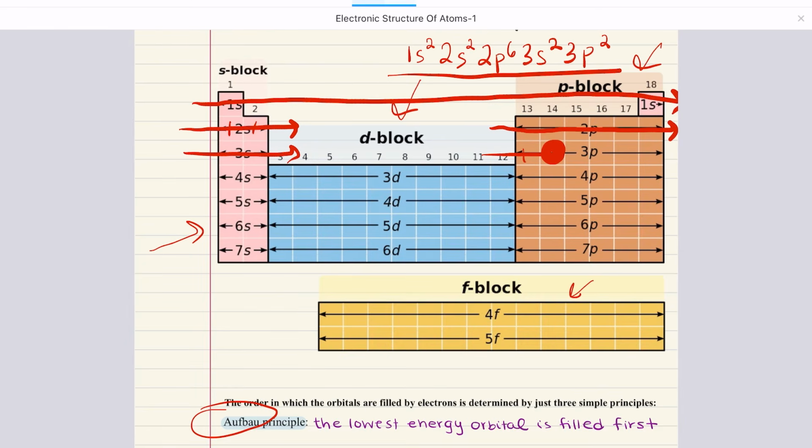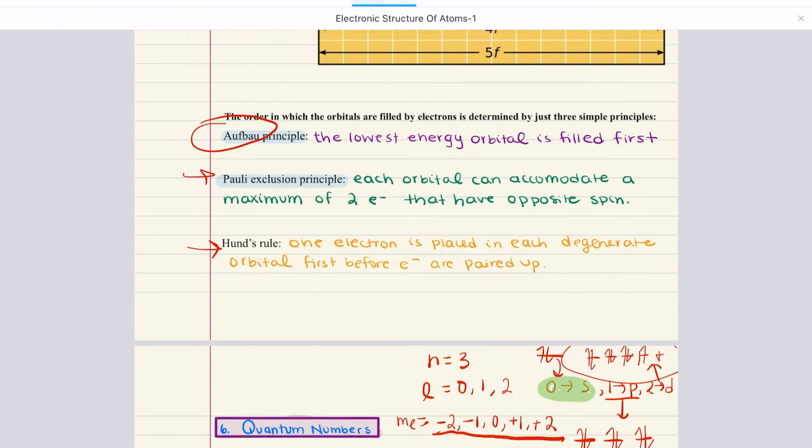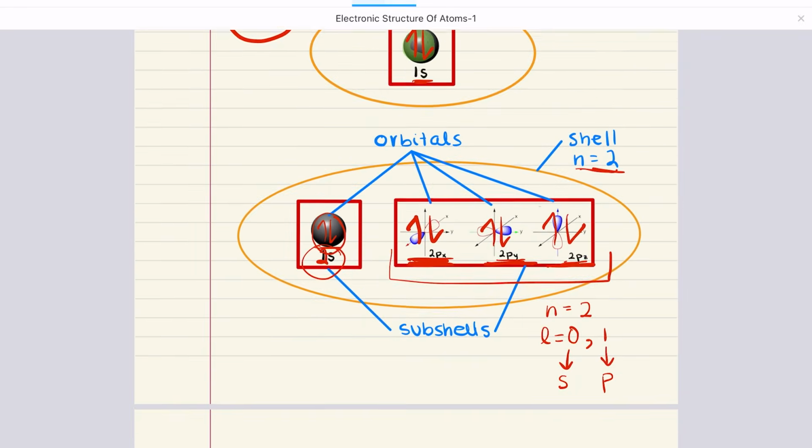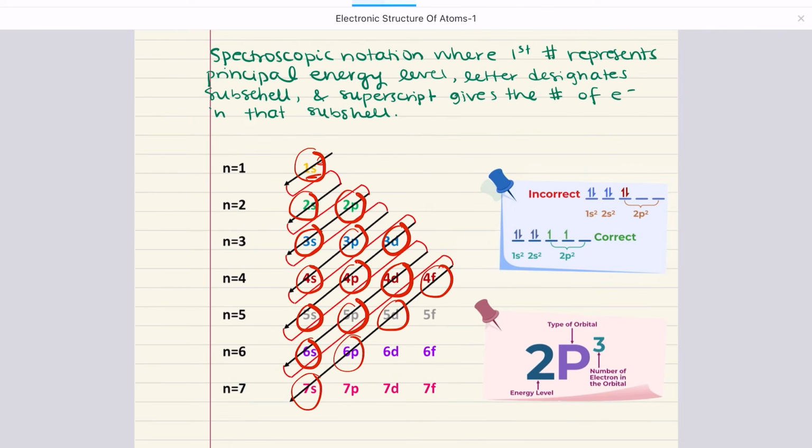Now, keeping that in mind, let's go over some tips and tricks to write an electron configuration. First, you want to start with the element and then add electrons one by one, following the subshell order indicated by the periodic table. Remember, use the Aufbau principle to determine the subshell filling order: 1s, 2s, 2p, then 3s, then 3p, then 4s, then 3d, and so on.